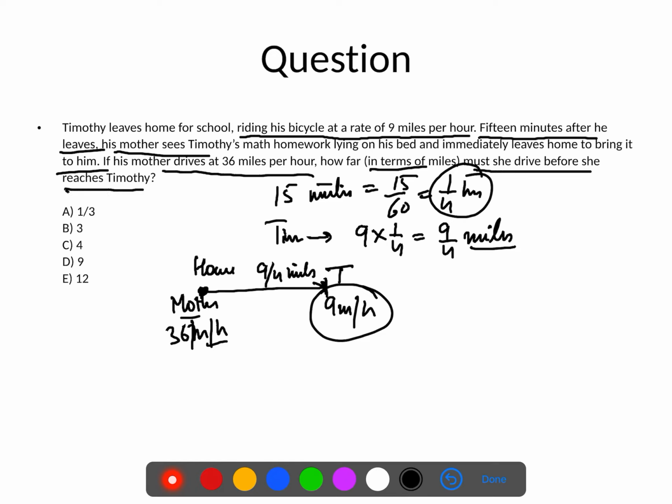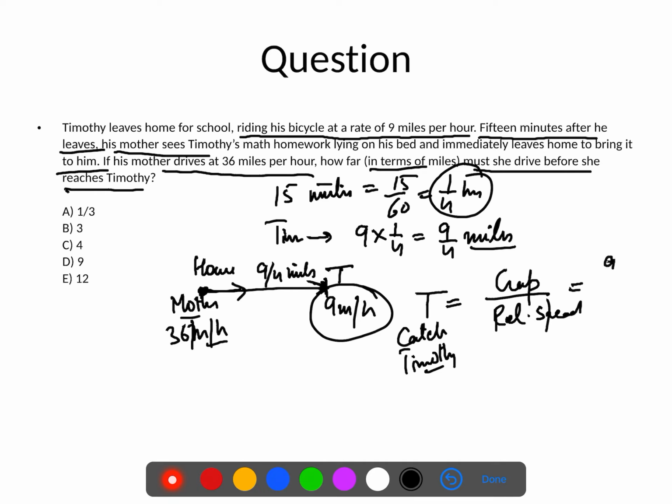So let's calculate how much time she'll take to meet Timothy. This is a similar situation, things moving in the same direction. So time taken to catch Timothy is the gap between the two upon relative speed.